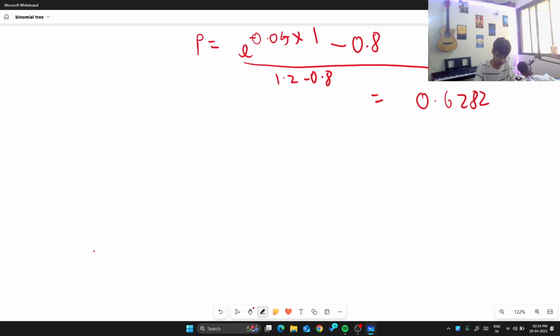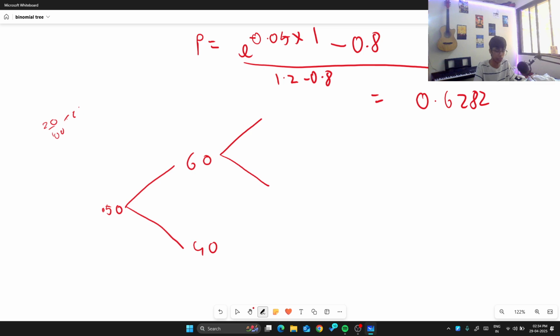So our graph would be like this. We have first 50, then it goes 20% above, 60, and here it goes 50, and then we go here 72, and then we go here 32, and then 48.